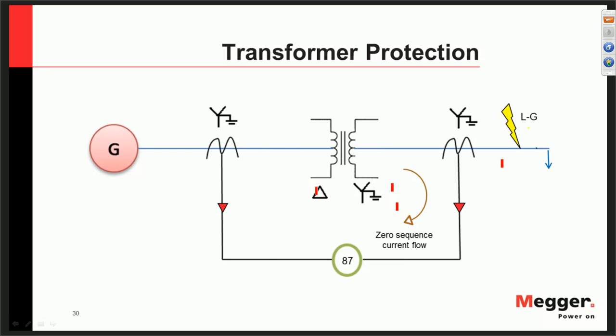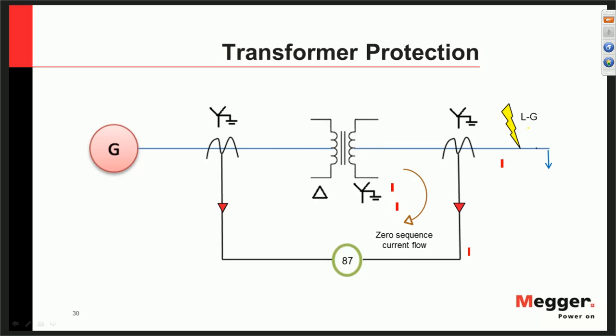So there is no flow of zero sequence current in this circuit. But I have a solidly grounded Y in both my transformer secondary and my CT. So I can have a zero sequence current flowing in my secondary loop. So there is no current here, but there is current here, which means there might be a differential current that could trip the transformer.